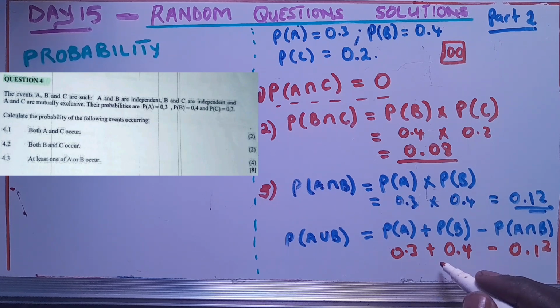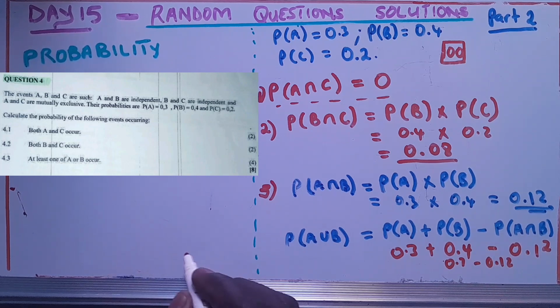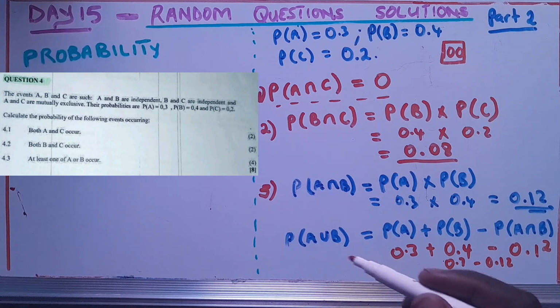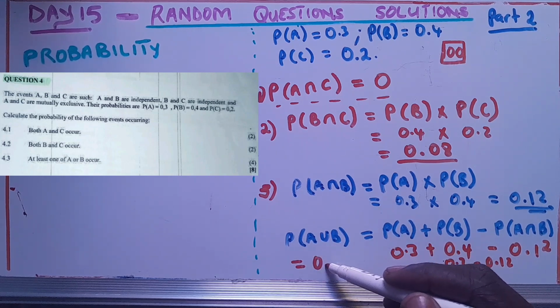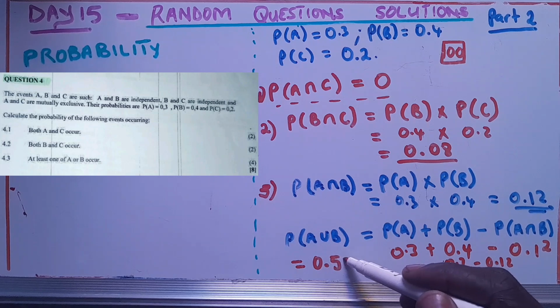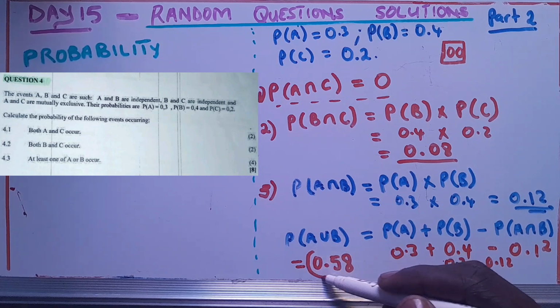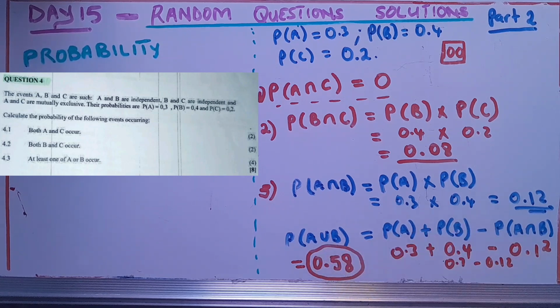So we have 0.7 minus 0.12, which gives us the probability of A or B as 0.58. So that's how you can work around the probabilities.